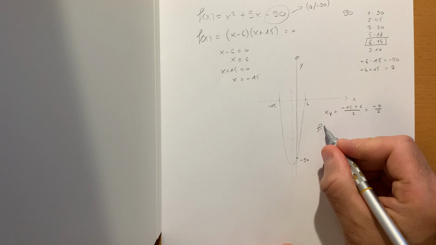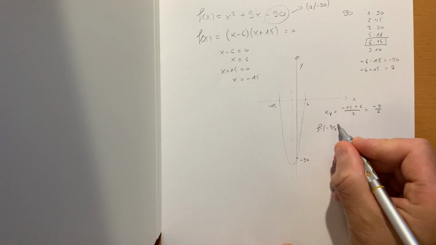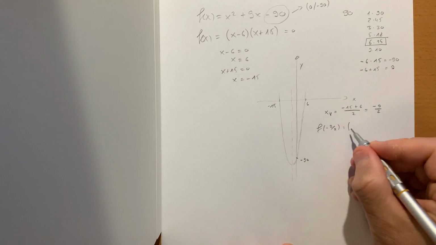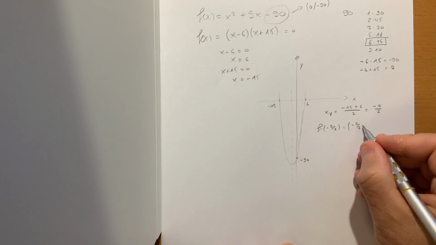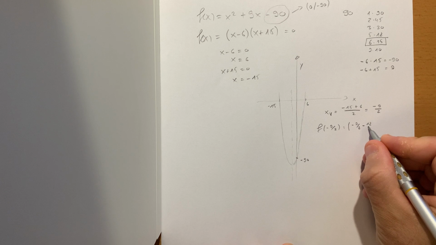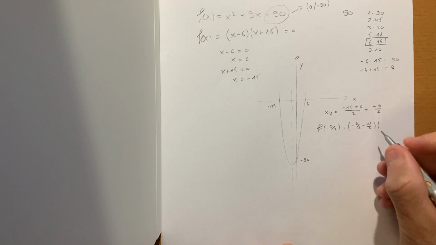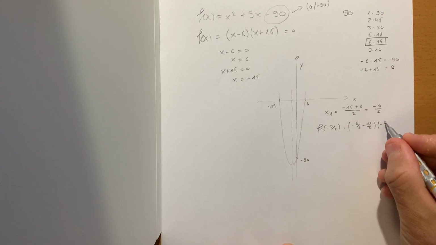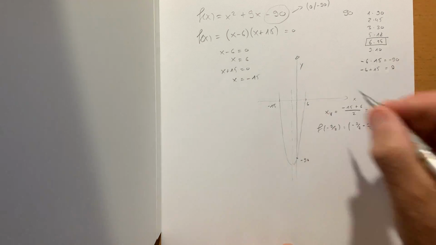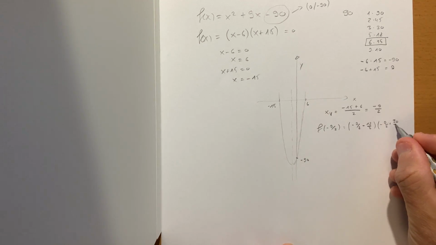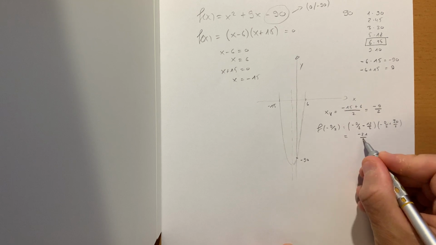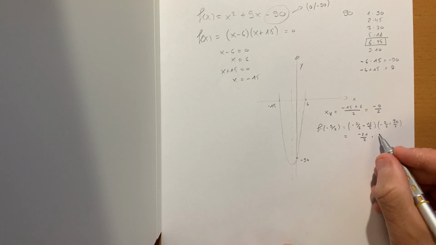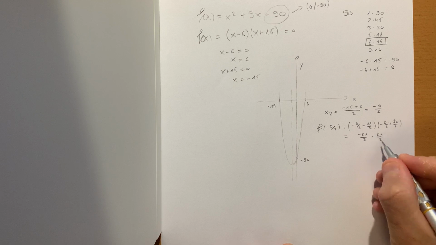So f of minus 9 halves would be minus 9 halves minus 6, that's minus 12 halves, and then minus 9 halves plus 15, which is 30 halves. So you're going to get minus 21 halves times 21 halves.